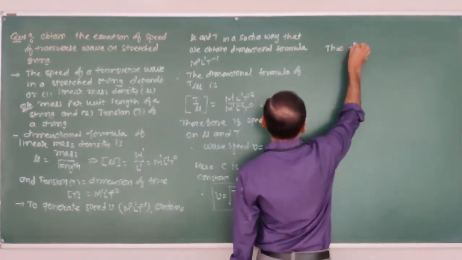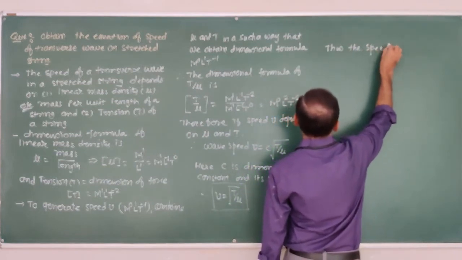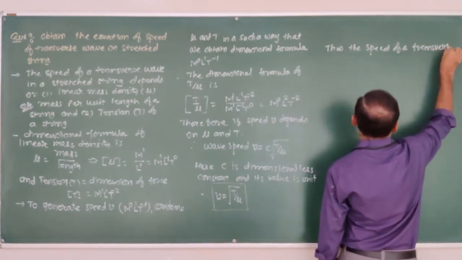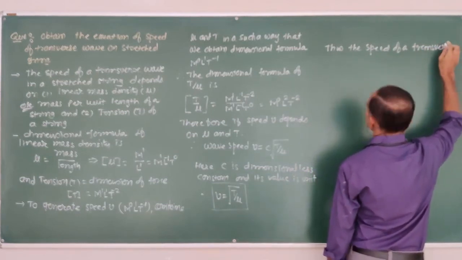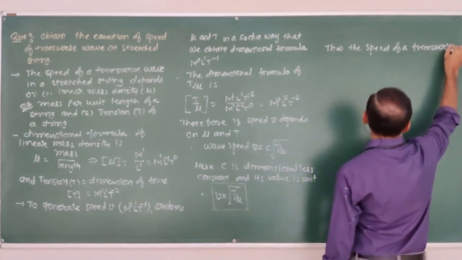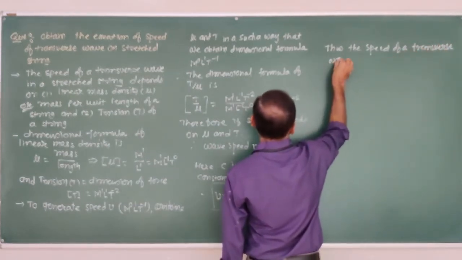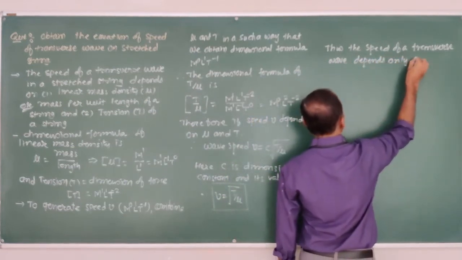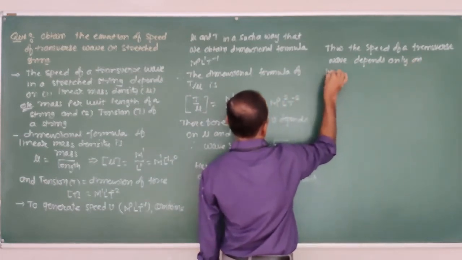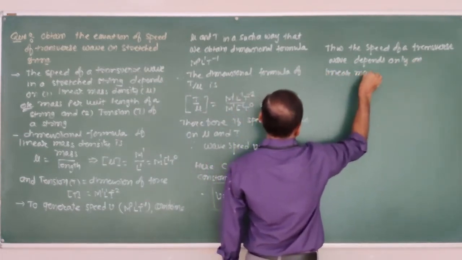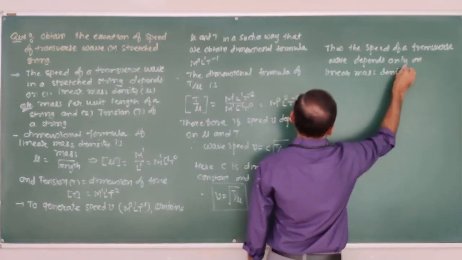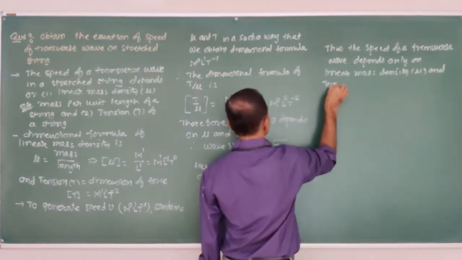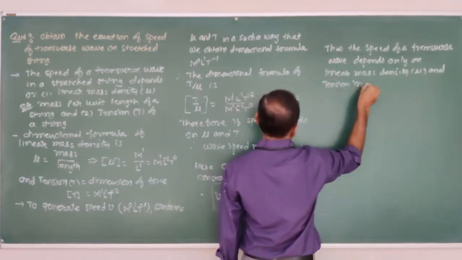Thus, the speed of a transverse wave depends only on the linear mass density mu and the tension in a string.